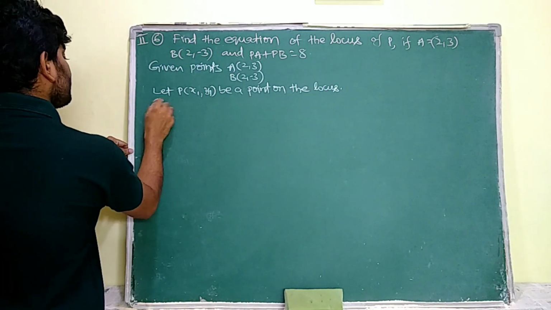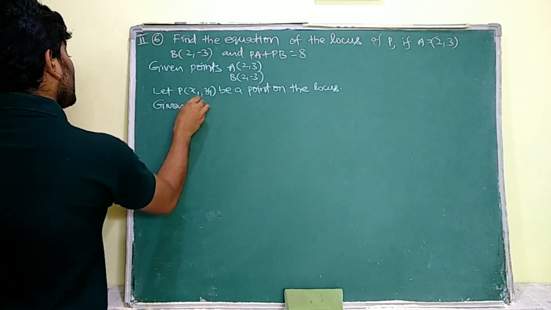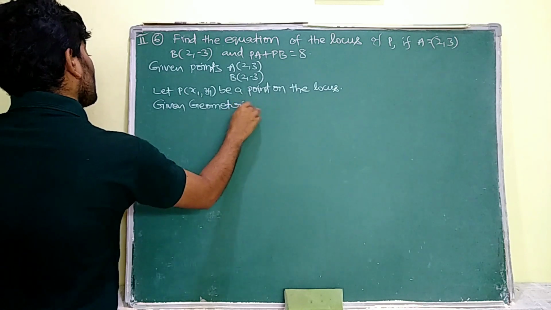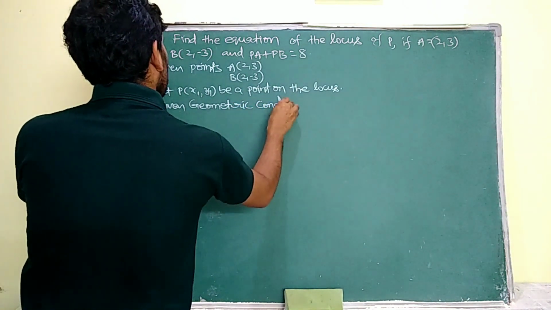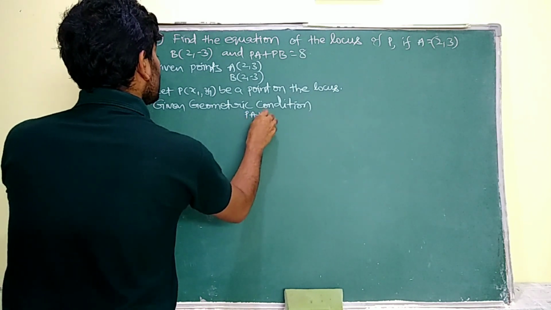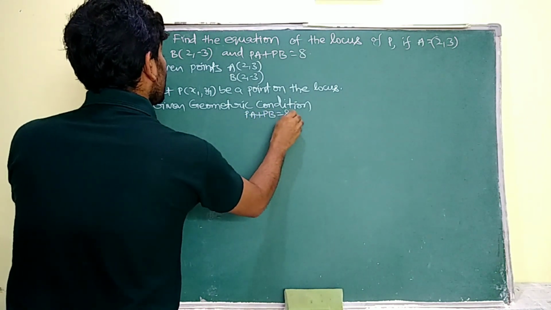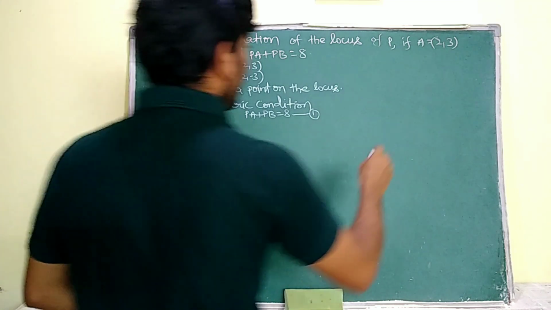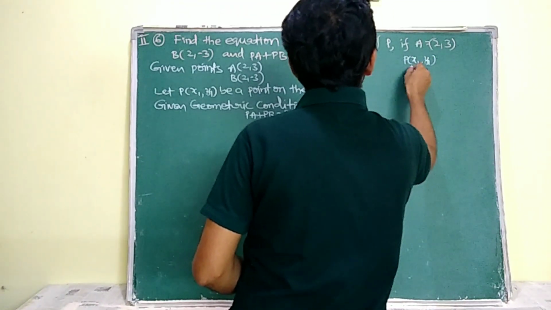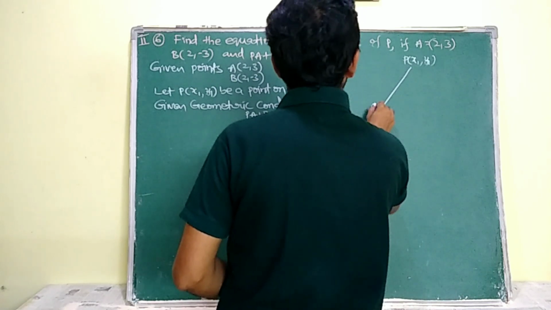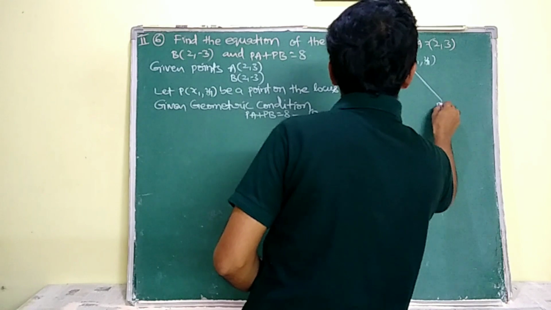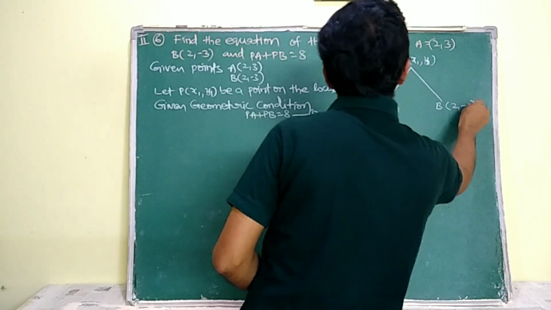Therefore, the given geometric condition is PA plus PB is equal to 8. Let it be 1. Firstly, we have to assume P (x1, y1) as a point on the locus, A (2, 3) and B (2, minus 3).